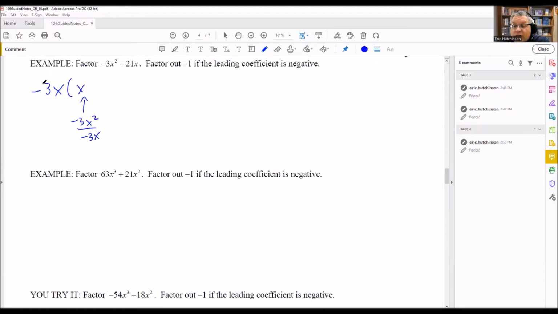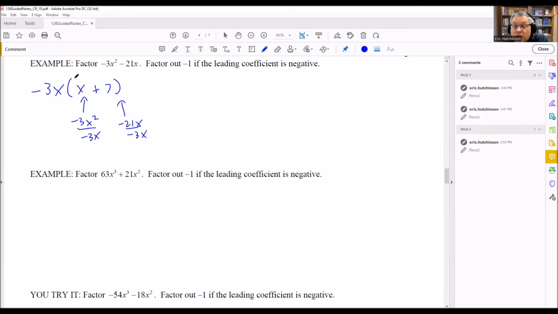Now, because we're pulling out a negative, we have to be careful here because we have -21x. We're dividing it by -3x, the GCF. Notice here, negative over negative is going to give you a positive, and the x's are going to cancel out. So you just get x plus 7 here in this case.